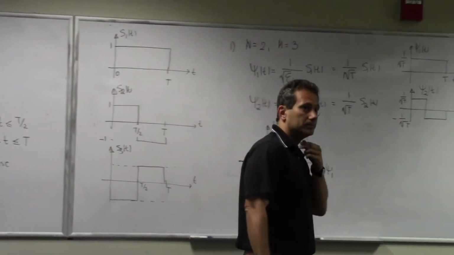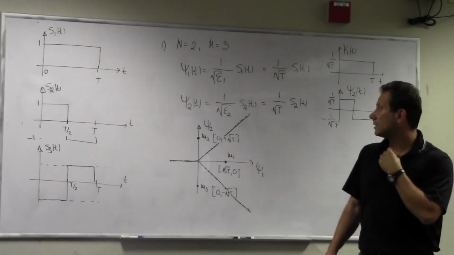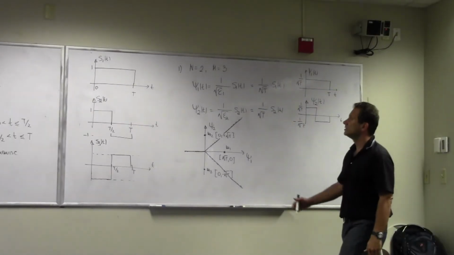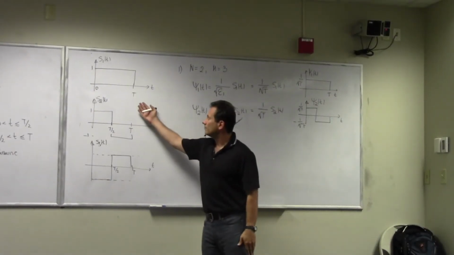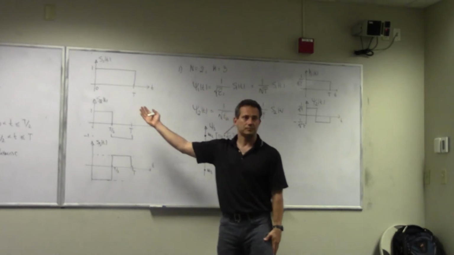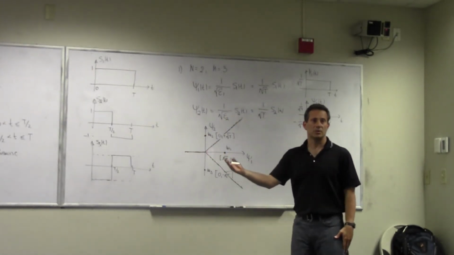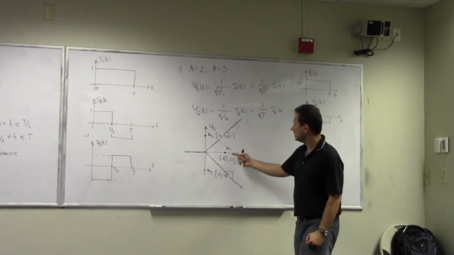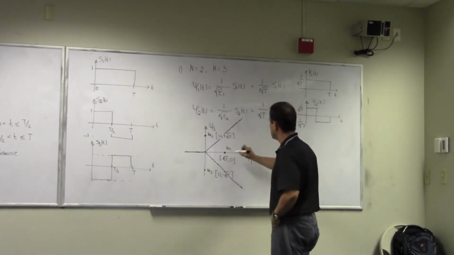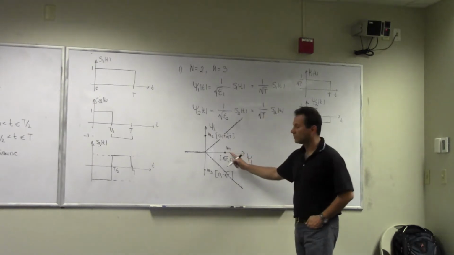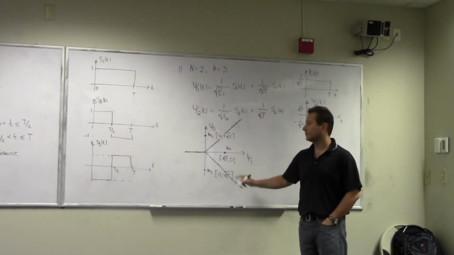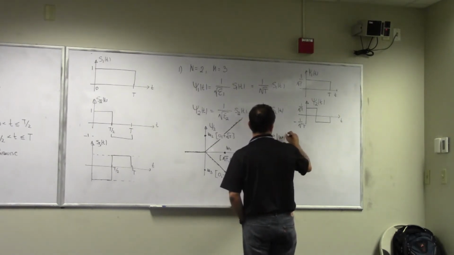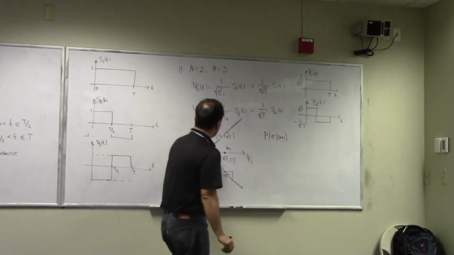Let's say what will happen when you present one of these signals to a matched filter. What happens at the output? Let me actually do that. Let's calculate the probability of error when I'm sending M1. So probability of error given M1. What happens here?